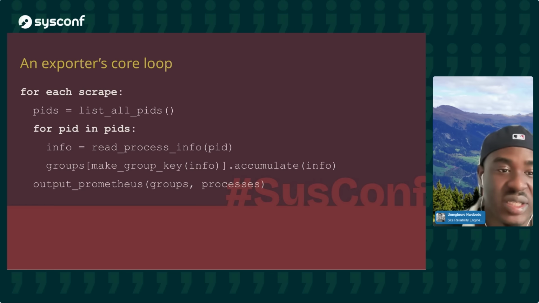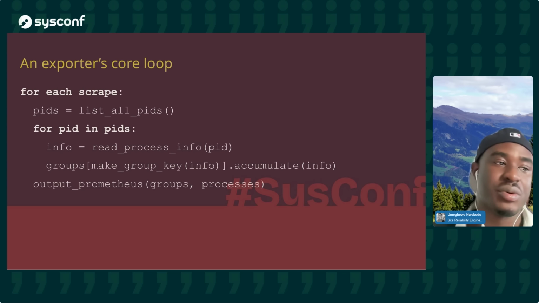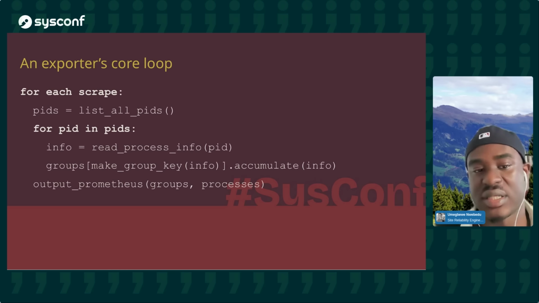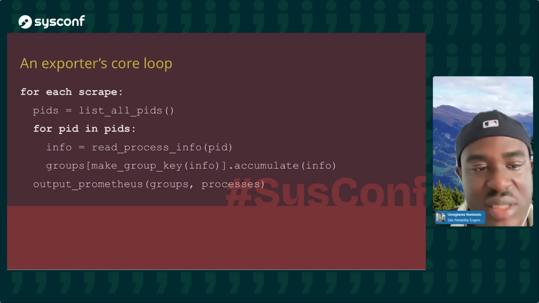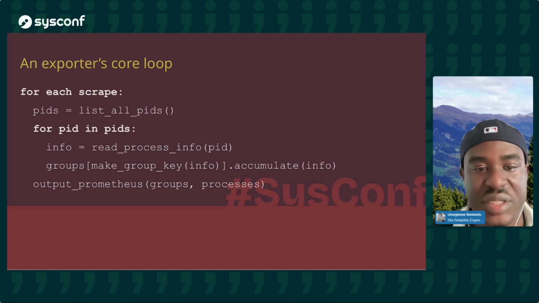And this process info could be anything basically. It could be the disk metrics of this process, the network metrics, the CPU, the memory, how this process contributes to the battery life, etc. There are just so many things you could get from process info.